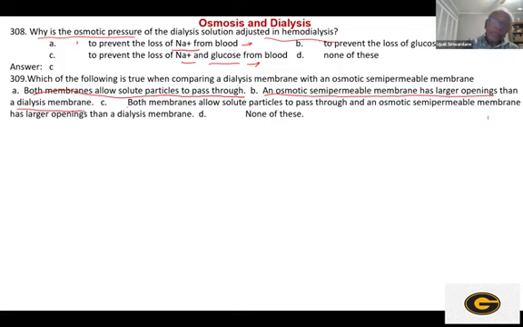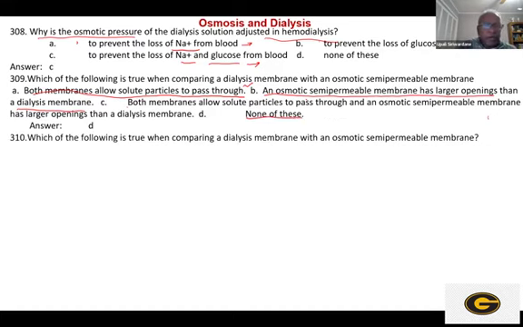To me, it looked like A. I'm not sure about larger opening than dialysis membrane. None of these. So they are completely different.